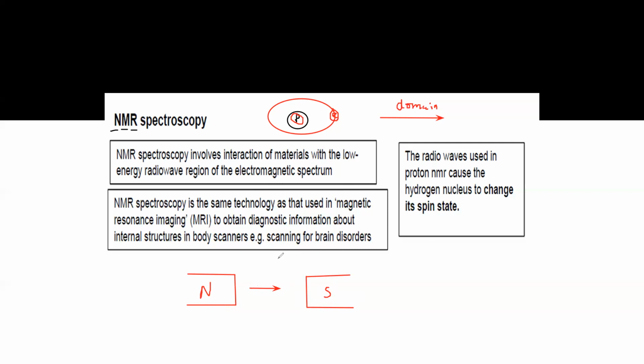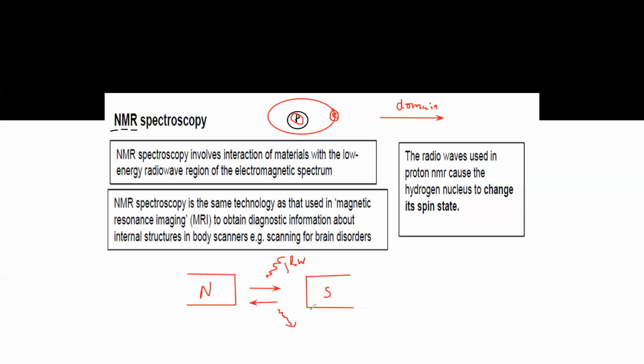Then we use radio waves. When these hydrogens absorb radio waves, they have more energy, so they will align opposite to the external magnetic field. But they cannot remain aligned for a longer period of time. So they return to the original position and re-radiate that energy.